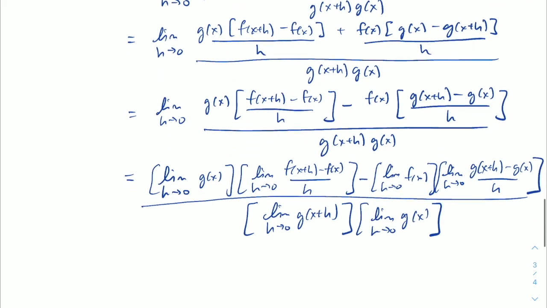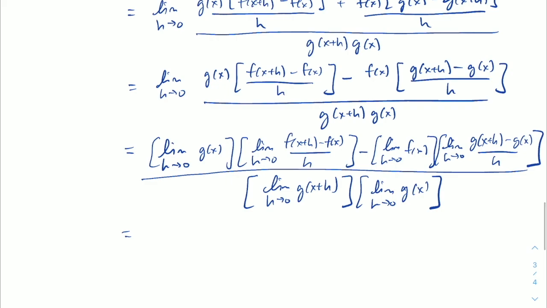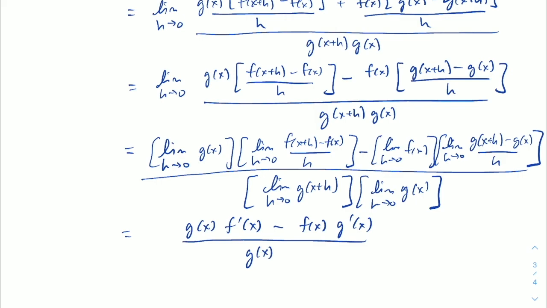All right, and the limit of g of x as h goes to 0 is just g of x. The limit of this difference quotient is the derivative of f. The limit of f of x is just f of x. The limit of this difference quotient with g is going to be g prime of x. The limit as h goes to 0 of g of x plus h is g of x, and that's because g of x is continuous.